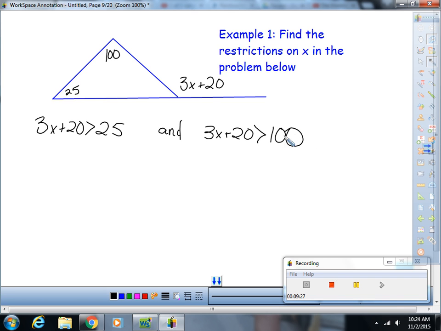So here, 3x is bigger than 5, and x is bigger than 5/3. In this one, 3x is bigger than 80, so x is bigger than 80/3.